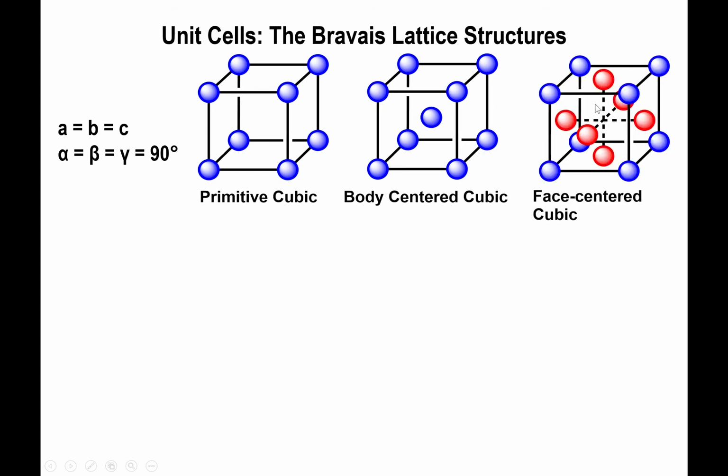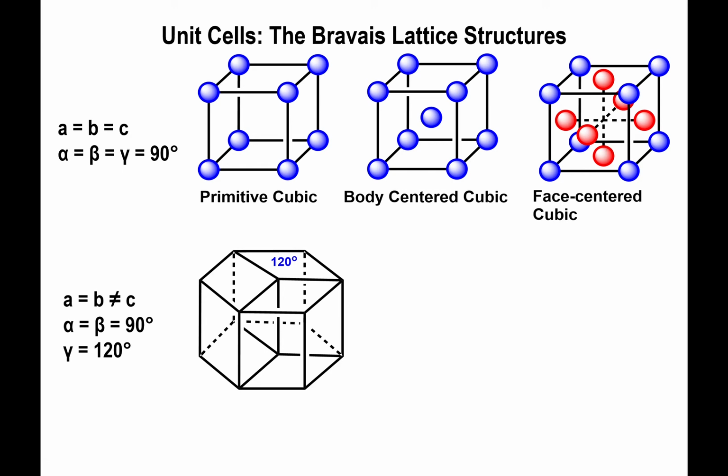In addition, for cubic cells, we also have the face-centered cubic structure, and it's named such because the red atoms here, represented by spheres, are located in the middle of each face of the cube, right? This cube has 6 faces, and in the middle of each one of those faces, you have an atom present, and you create an octahedral-like arrangement if you make pseudo connections among them.